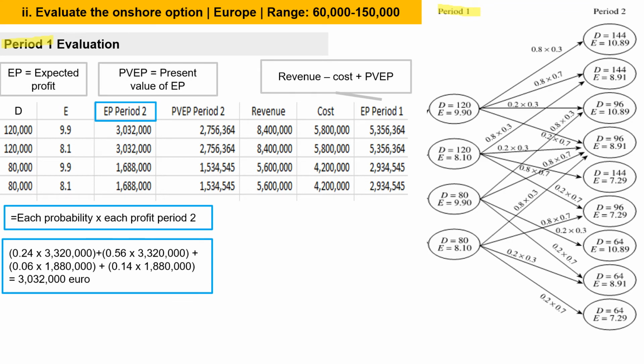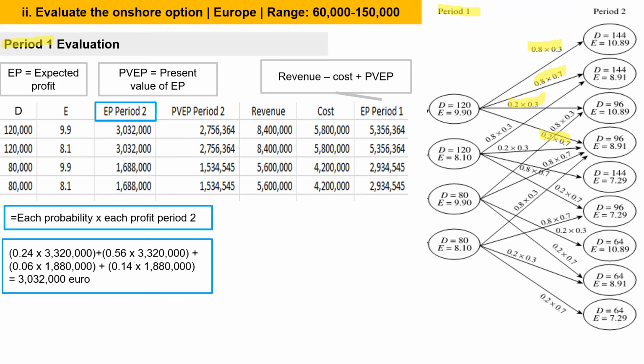And then for the EP period 2 that is discounted to period 1, we get it from the multiplication of each probability times each profit in period 2 that we get from the previous slide.